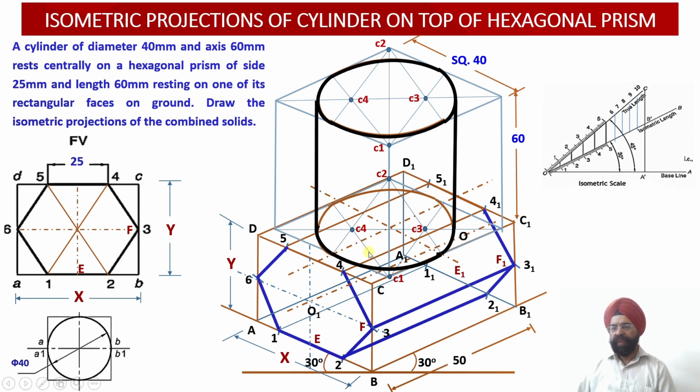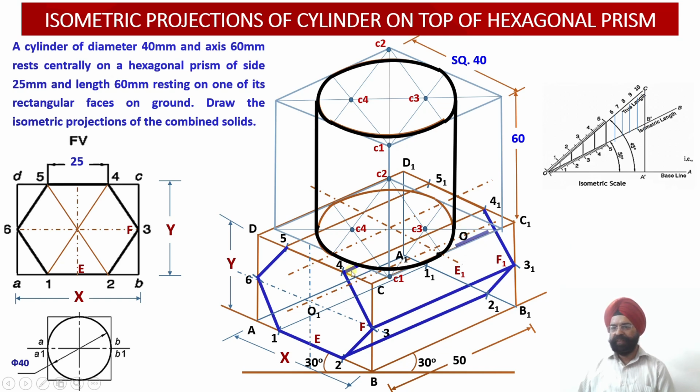Now we can see even the edge 4 and 4-1, part of it has been covered. Even the edge 5 and 5-1, bulk of it has been covered by the cylinder. So whatever remaining portion of the top face of the prism is there, we are going to now darken those edges. Even you can check 4-1, 5-1. Part of it has been covered by the cylinder, so only the remaining portions we are going to darken.